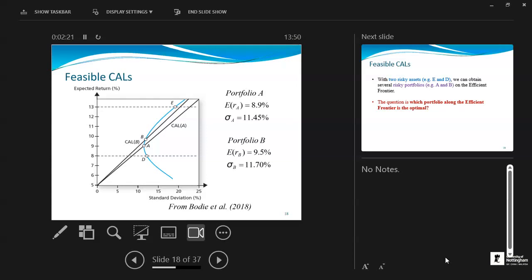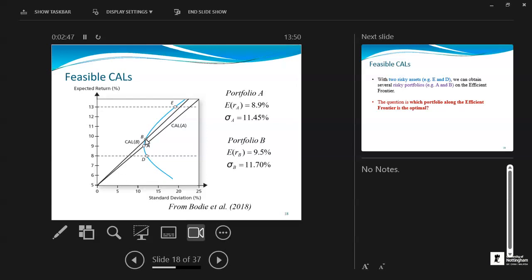Okay, so if you look at point A, for example, the expected return of point A is 8.9%, and the risk of this portfolio is 11.45%. So this is the minimum variance portfolio, which we calculated earlier. I showed it to you earlier as well. So point A is the minimum variance portfolio.